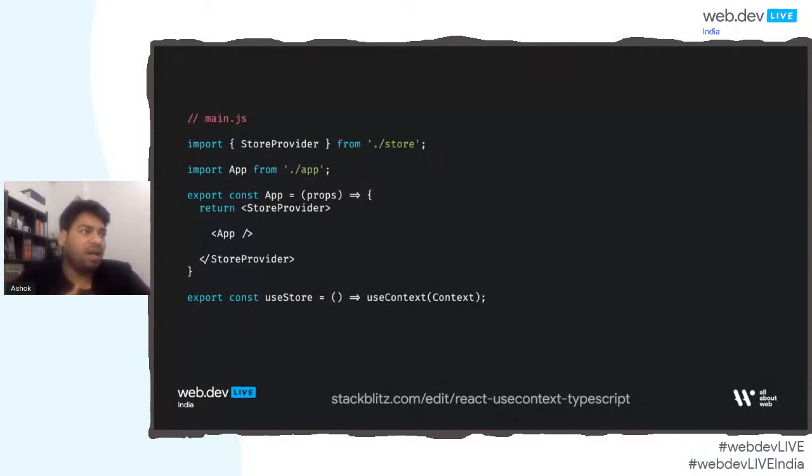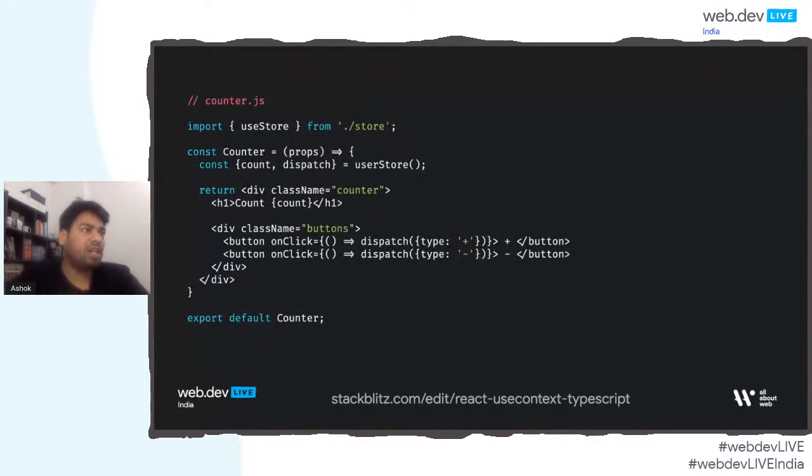And here is my simple example of an app where I'm using the StoreProvider which I've just created, wrapping the App component inside that. In this example, you can see that the Counter component is using the useStore which I created in the store, and it is dispatching the plus and minus actions.